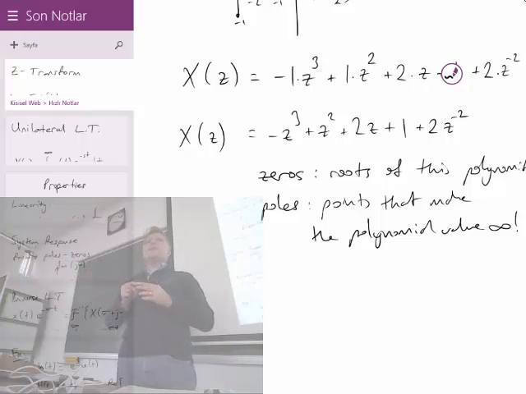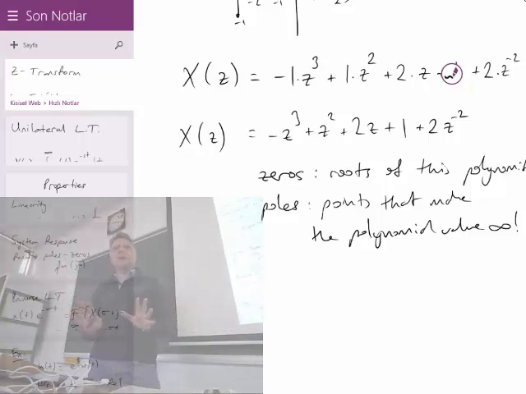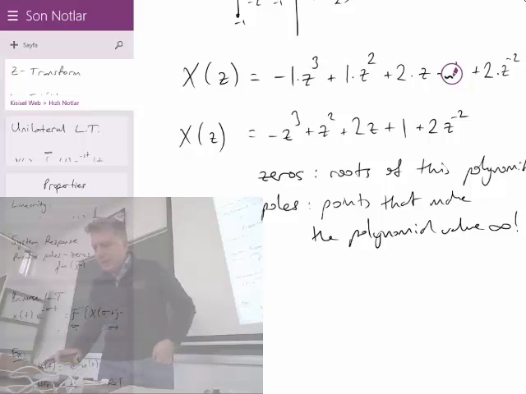Z is equal to 0 is a point like z is equal to infinity that are excluded from the normal z plane of our interest. We'll be interested in the poles on non-zero and non-infinity values of z. So this is an example of finite extent signals, z transform.